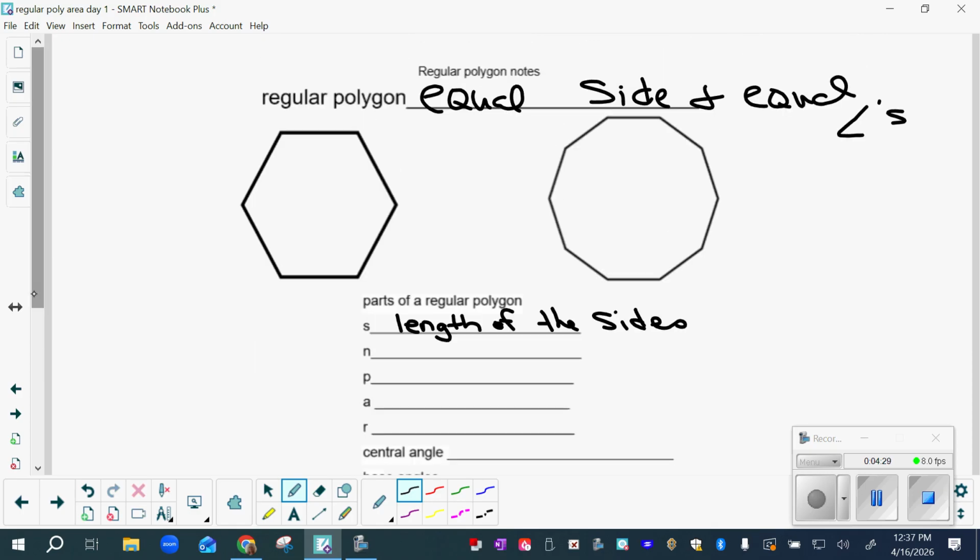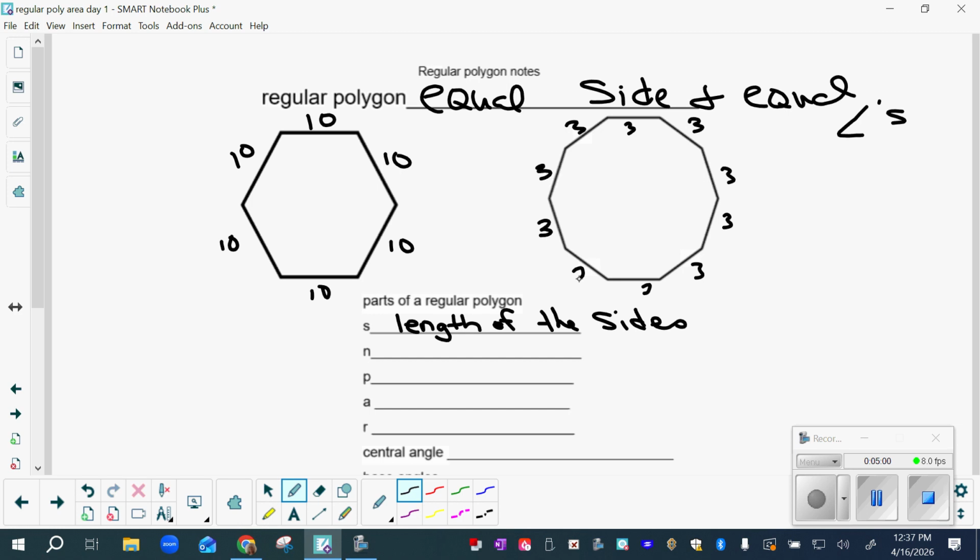So if I told you that this guy is 10 inches long, I knew all of them because he's 10 and he's 10 and he's 10. And you know why? Because he's regular. If this guy over here is 3, he's 3 and he's 3 and he's 3, because they're regular. We love that. That's what S stands for. Side length.